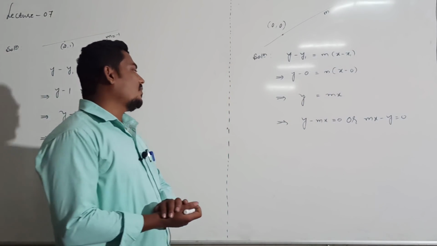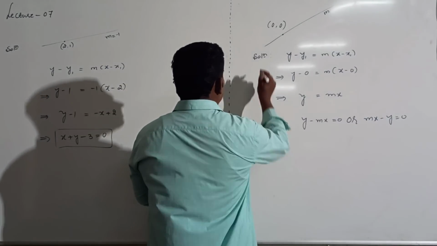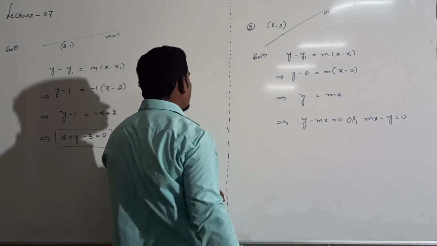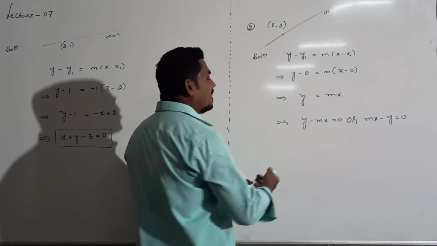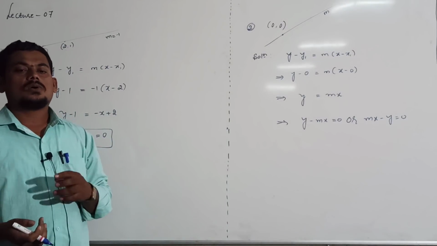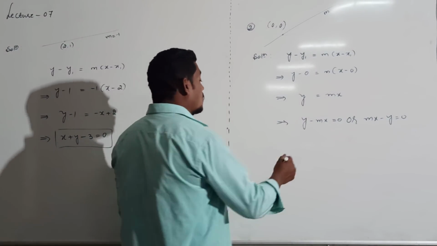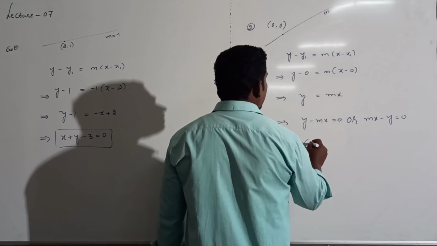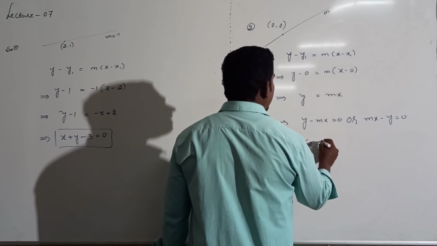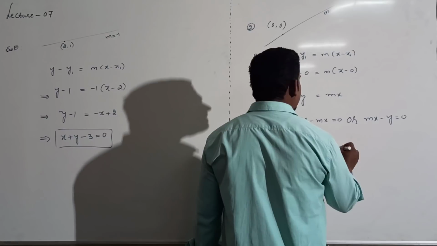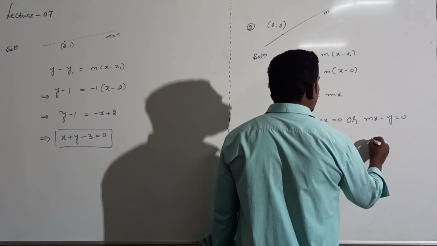Next one, find the equation of the line. Second problem: find the equation of the line passing through (2, minus 3) having slope 2.